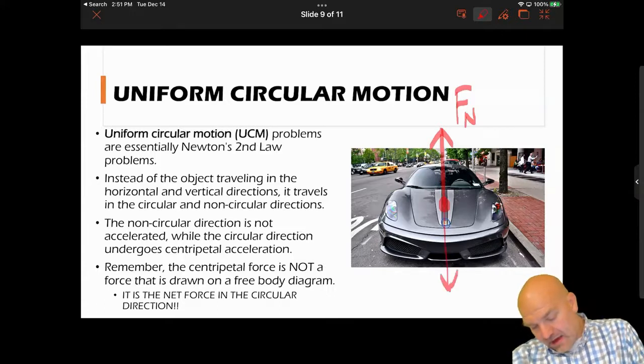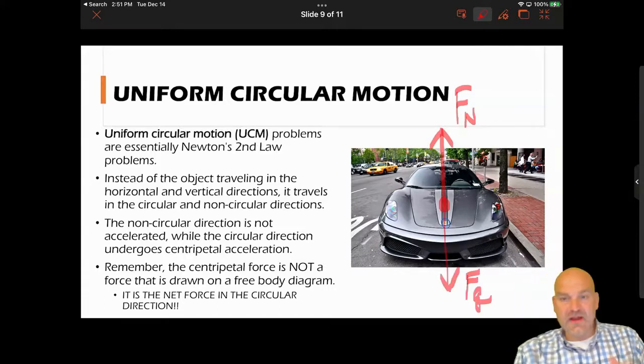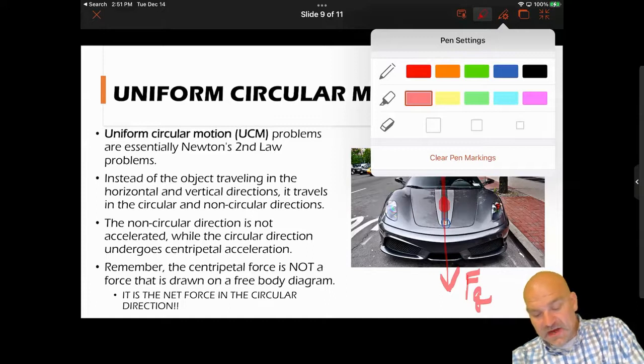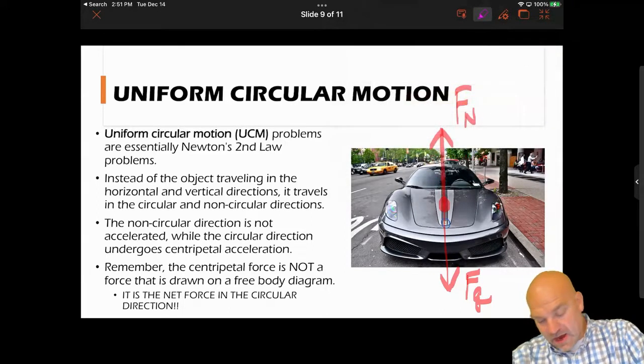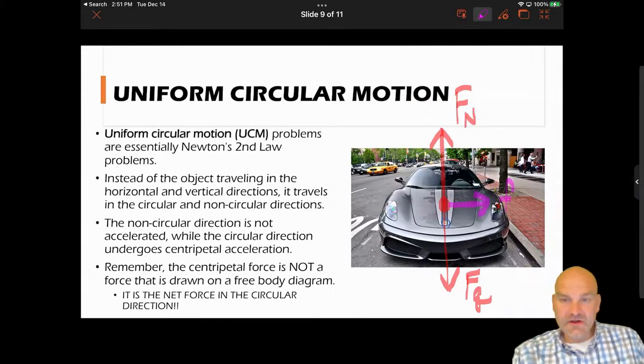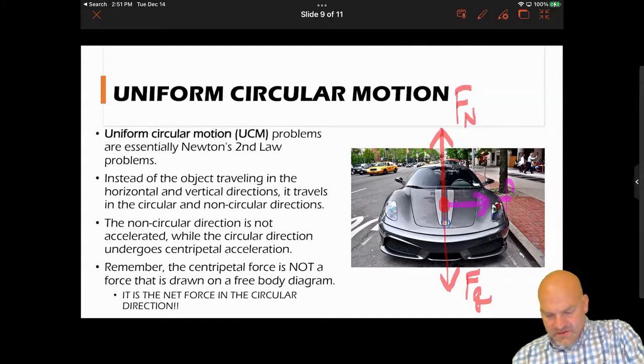I have the weight balancing it. But again, this is the non-circular direction, okay? And then in the circular direction, if this car is rounding a curve, I would have friction into the circle. Let me get a different color.